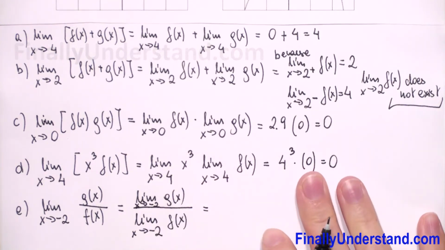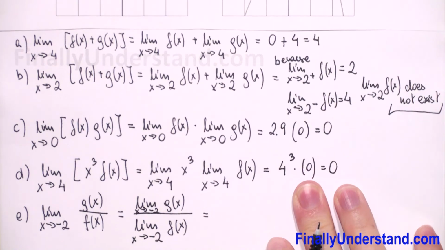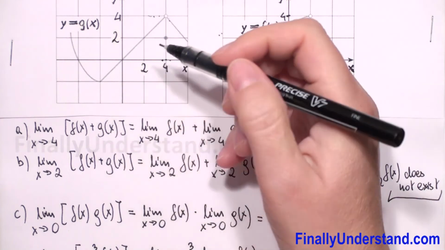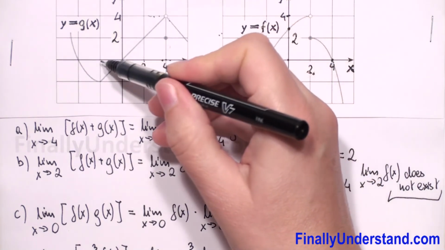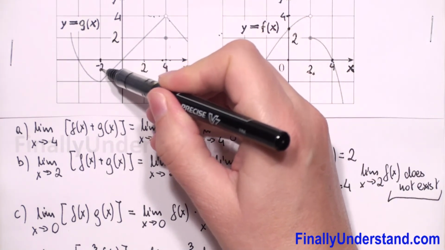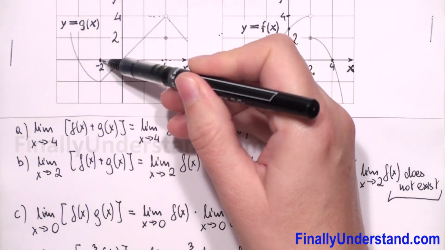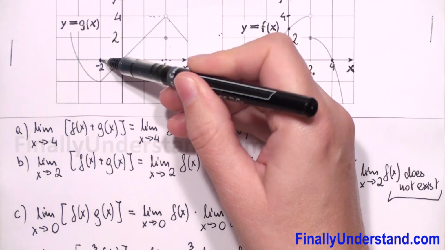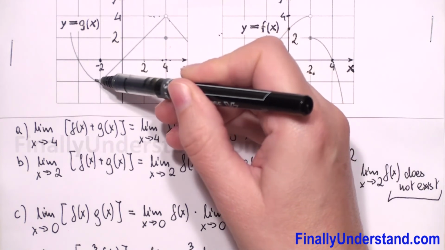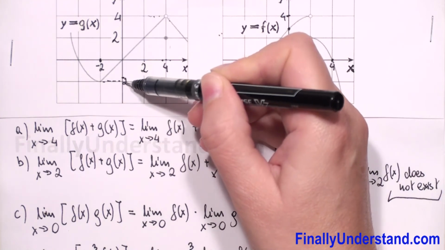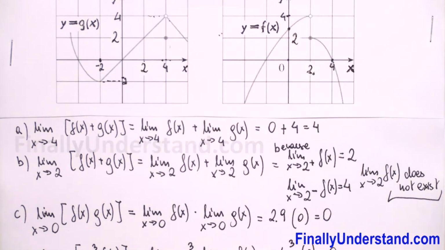So first let's look at the g function. Negative 2 we have to find, this is 2, so negative 2 will be here. And when we are going to negative 2 from left and right, the value of our function goes to negative 2. So in the numerator we will have negative 2.